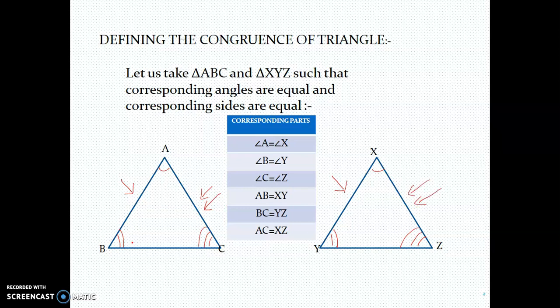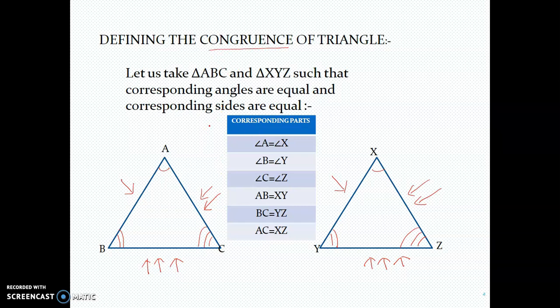Are you following? And BC will be equal to YZ. Understand this, otherwise you will not follow congruence and you will make mistakes, and then it will be very difficult for you to understand. So this is the meaning of this word congruence.